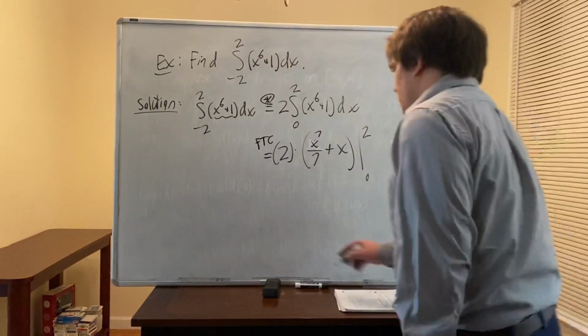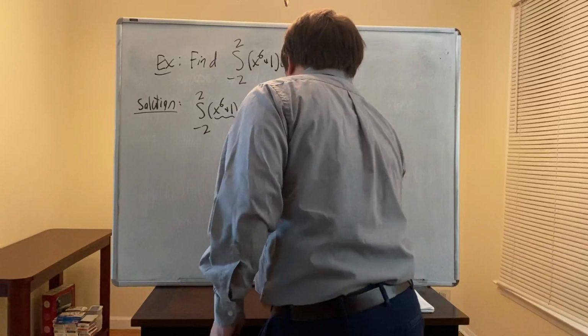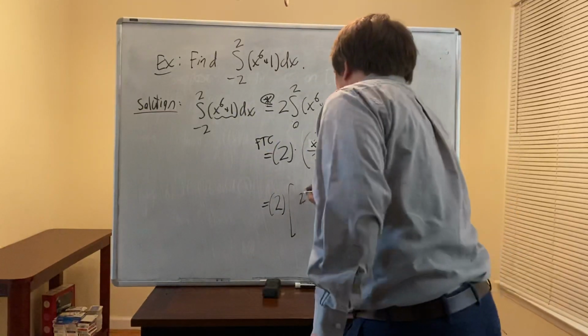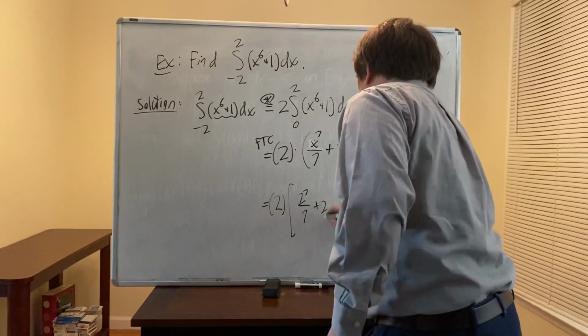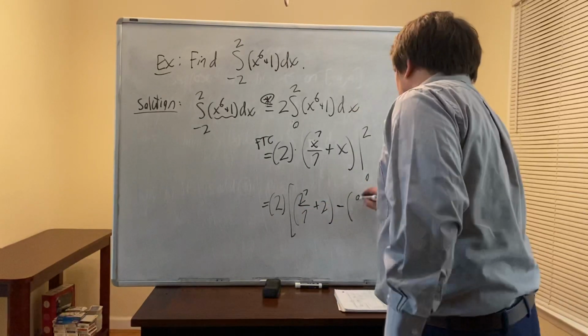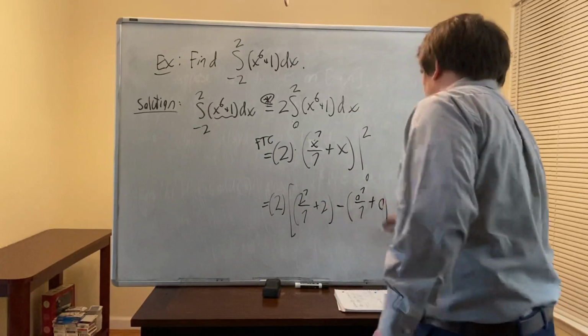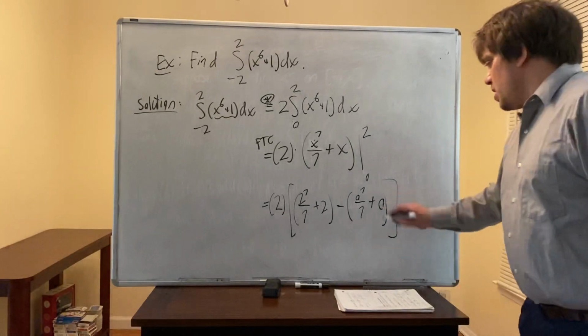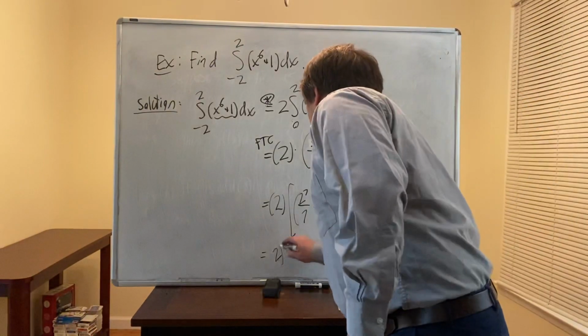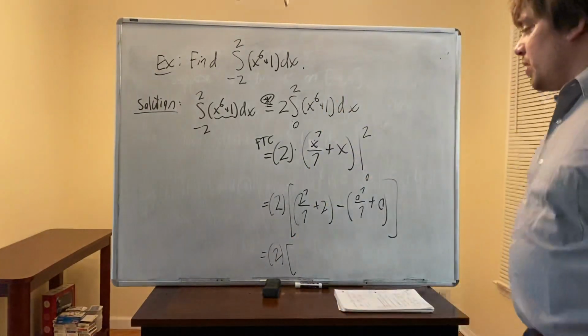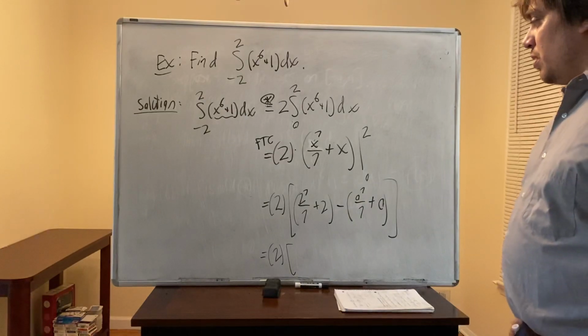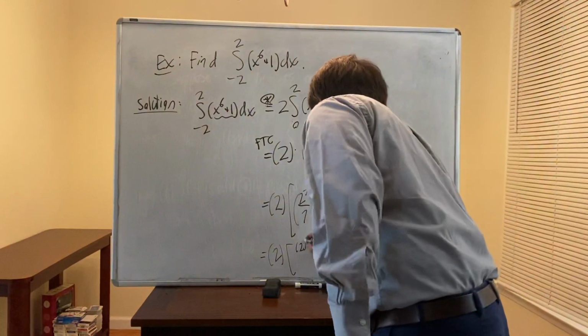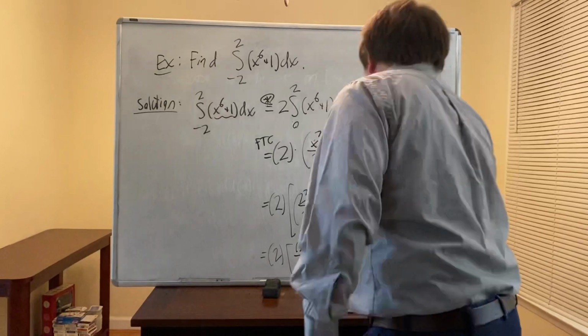This is equal to 2 times, plugging 2 in here, 2 to the 7th over 7 plus 2, minus plugging in 0, 0 to the 7th over 7 plus 0. That's equal to 2 times 2 to the 7th, that's 128, over 7 plus 2, and then minus 0.